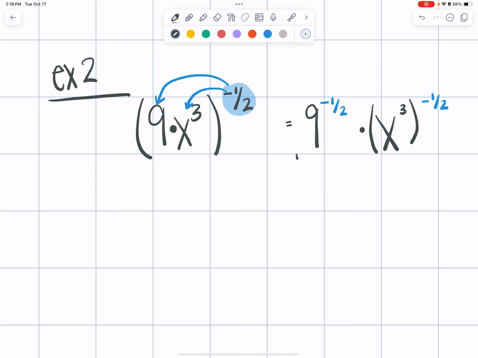This thing, because this is all numbers, I can type that into my calculator. 9 to the power of parenthesis negative 1 fraction 2. Or you could use your exponent properties to do that. That's going to give you 1 over 3.